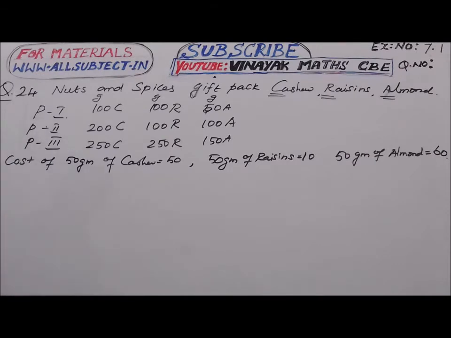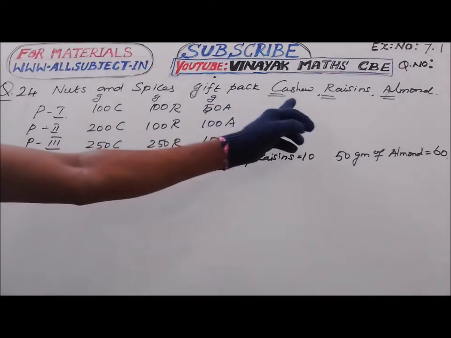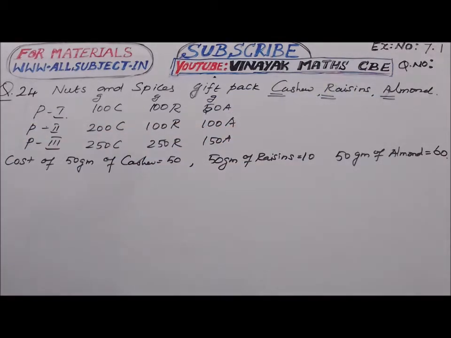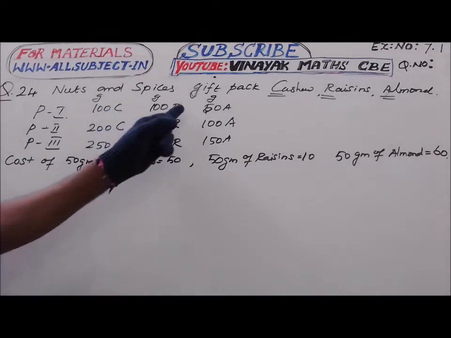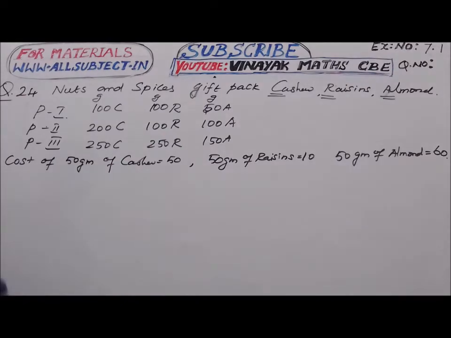Question number 24. A shopkeeper in a nuts and spices shop makes gift packs, including cashew, raisin and almond. In pack 1, there are 100 grams of cashew, 100 grams of raisin and 50 grams of almond.